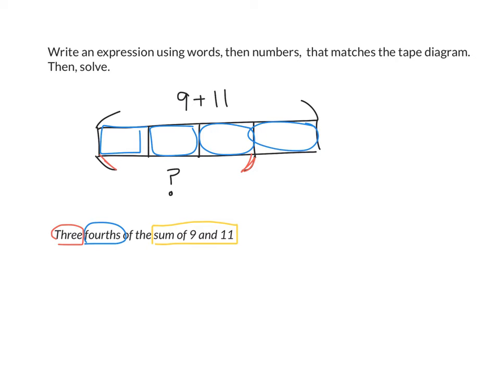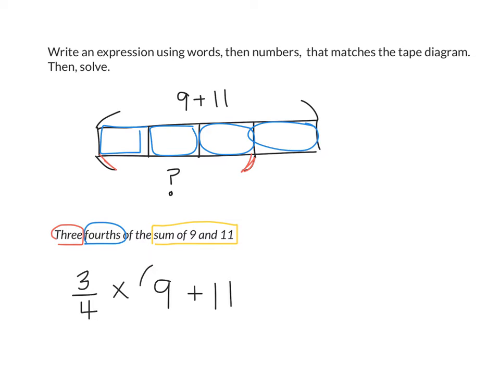Because when I start to write it with numbers, I know that 3/4, I write it like that, right? And then what does of mean in number form? Means what? Multiply. Good. 3/4 of the sum of 9 and 11. Now, if I just wrote it like this, 9 plus 11, it's really 3/4 of 9 plus 11. That's not what we want.